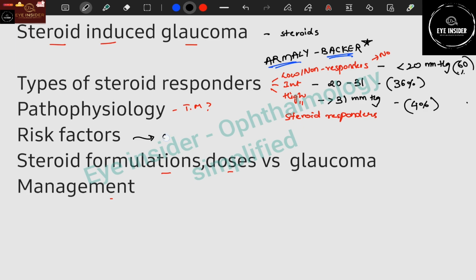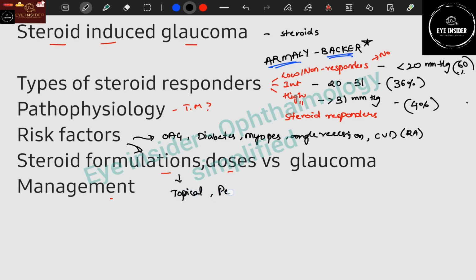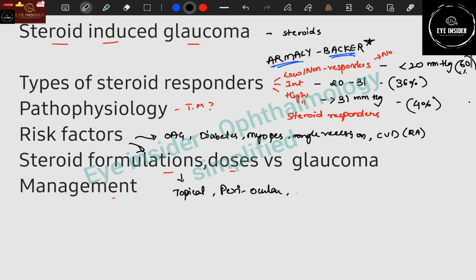The risk factors associated with this are open angle glaucoma. So the patients who are already having open angle glaucoma, the ones with diabetes, myopes, patients with angle recessions and collagen vascular diseases like rheumatoid arthritis. So these are all the risk factors. The patients with open angle glaucoma have a very high tendency for steroid response, intermediate steroid response and high steroid response.